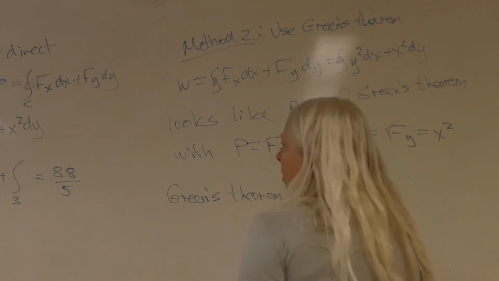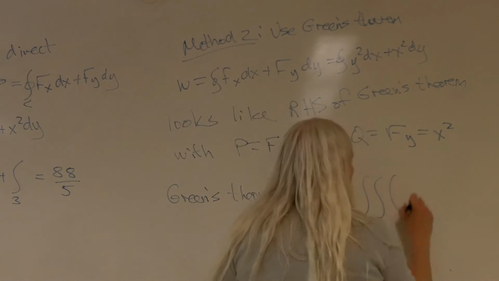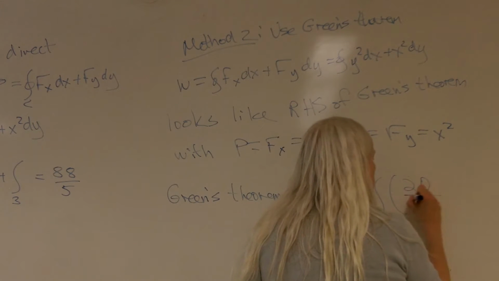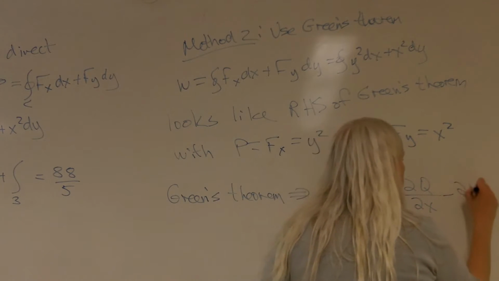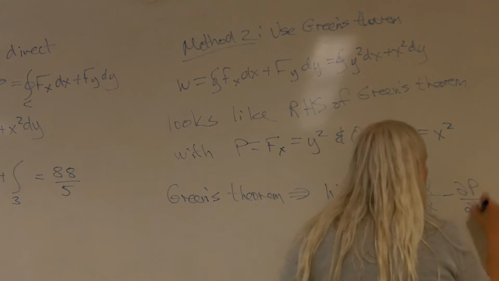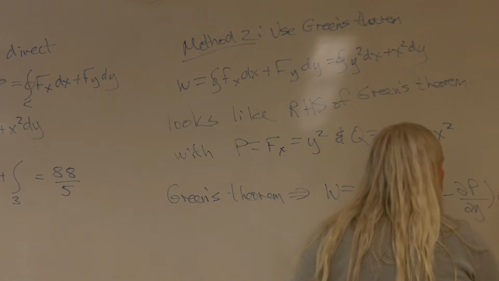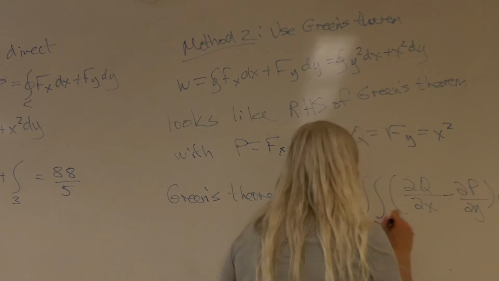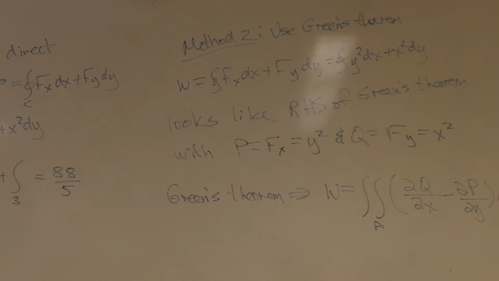Right, so the integral of dQ/dx minus dP/dy integrated over both x and y with appropriate limits of integration for the area enclosed inside of the curve C that we talked about back here. Okay?